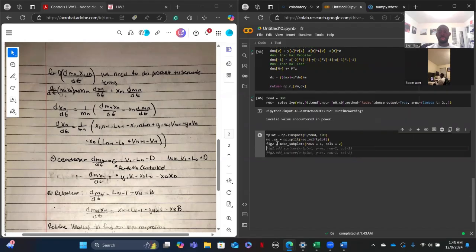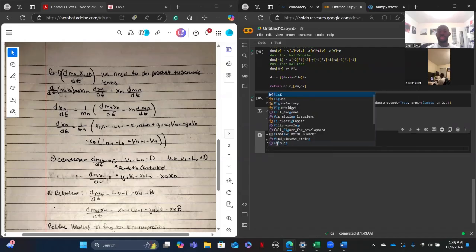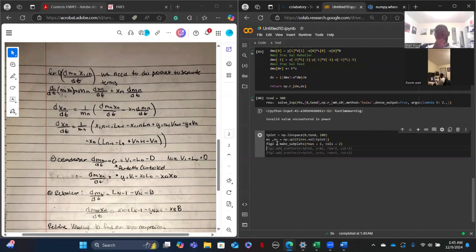Actually, we need a for loop for both of our 2 vectors. So for m in Ms.